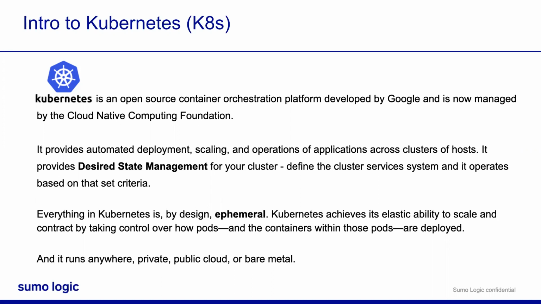But Kubernetes has its ability to scale elastically by this ephemeral nature. It doesn't need to worry about when things come and go, and that means it can spin up capacity very quickly and also reduce capacity very quickly, which means that we're minimizing our compute expenses to what we actually need to get things done. And the other important thing is it runs anywhere, so private, public cloud, or bare metal.